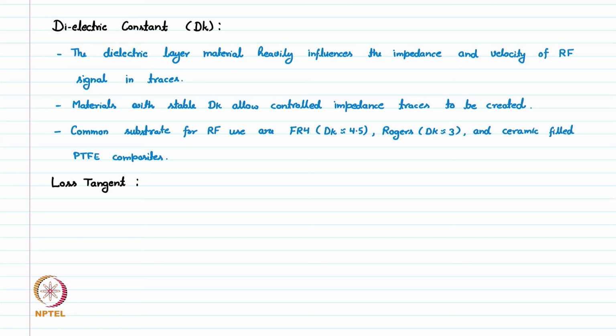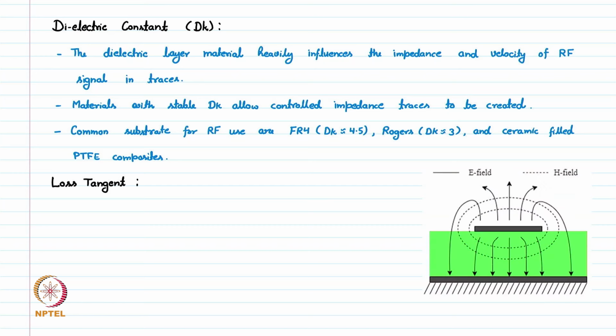To understand that, let us see the cross section of a trace. So, this is the cross section. On top we have this microstrip and we are applying the signal here. At the bottom we have ground plane, and these fields are originating at the microstrip, both the side, top as well as bottom, and are terminated at the bottom plate, which is our ground plane.